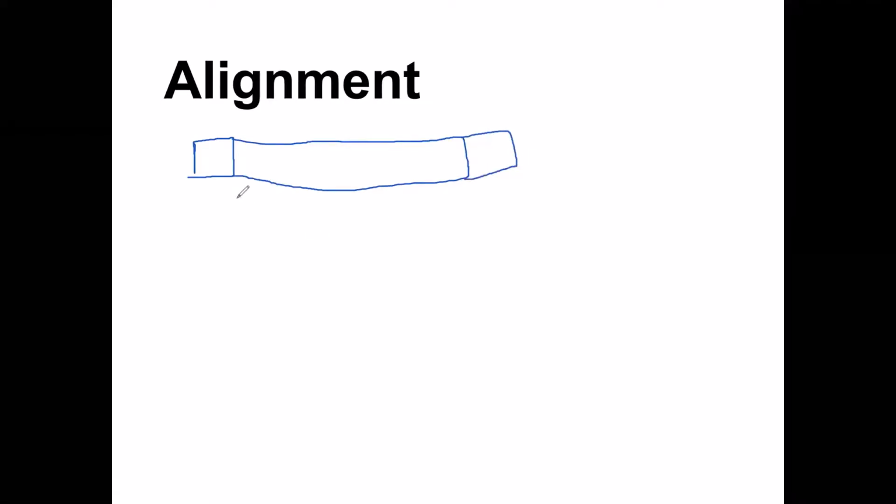What you're going to be returning to the user is this address here, because this is the payload, right? So the address has to be 0 mod 16, so it has to be a multiple of 16.